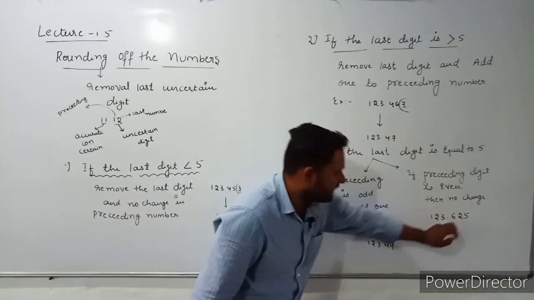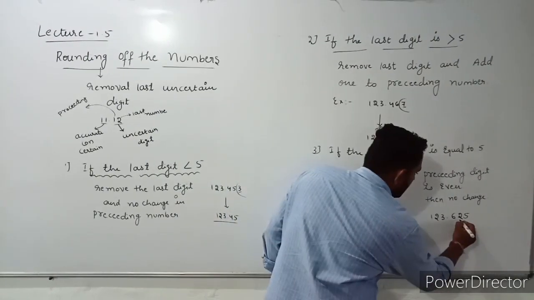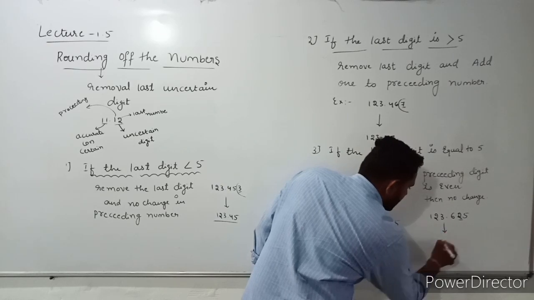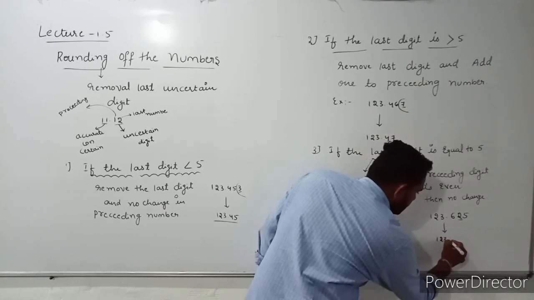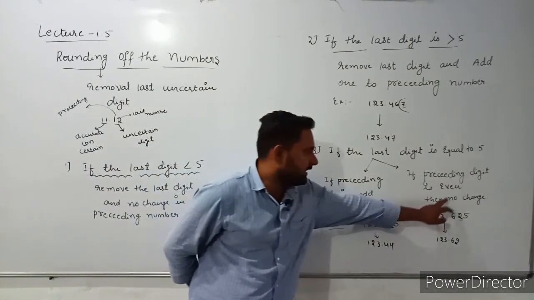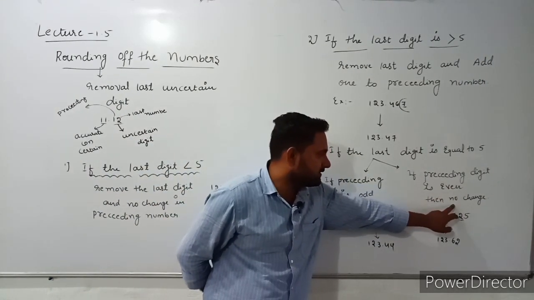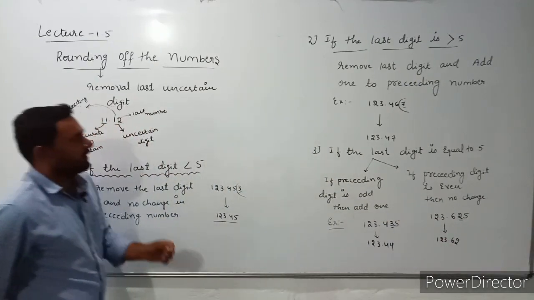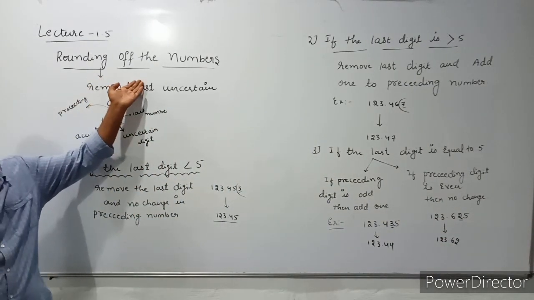The preceding number is even, so no need to add 1. Just write it as 123.62. When the preceding number is even, then there is no change in preceding number. This is the rounding of the numbers.